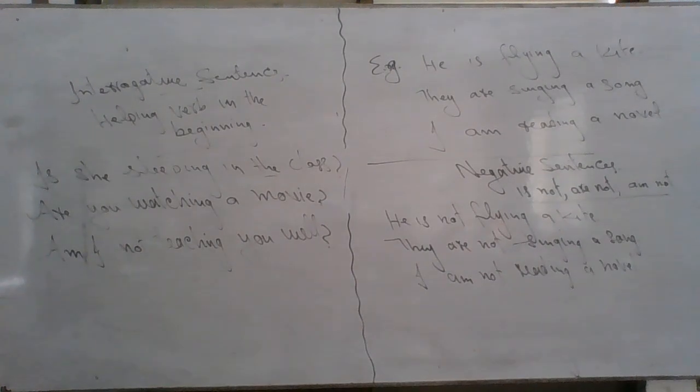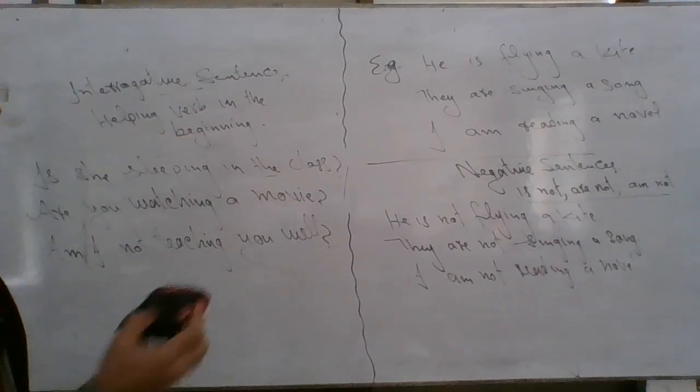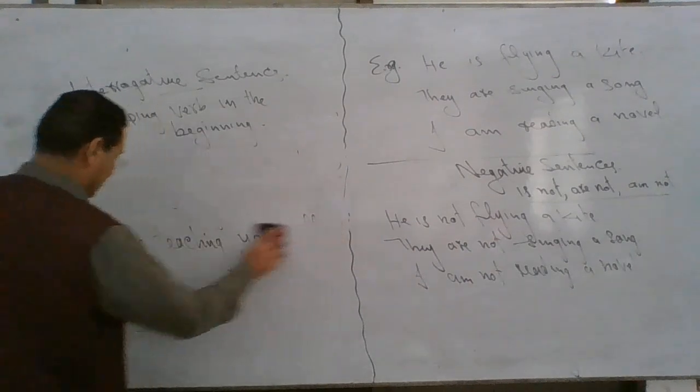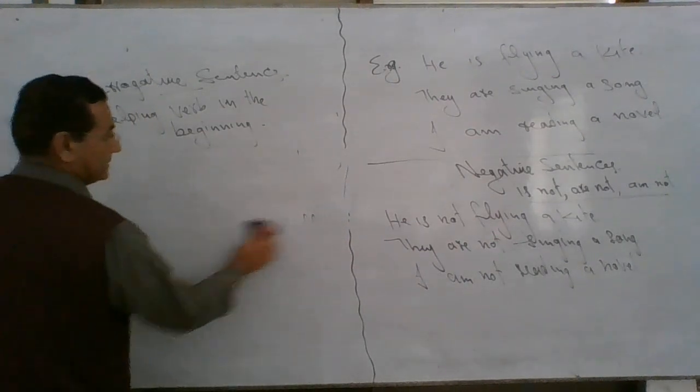Or if we did not do it, then I will make a video on this. The use of definite and indefinite articles, a, an, and the. Where to use and how to use and when to use. So these are the things. Now we are done with this.